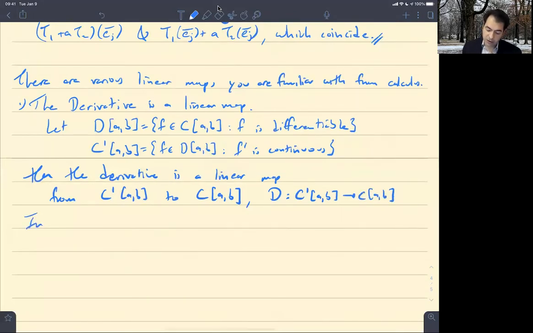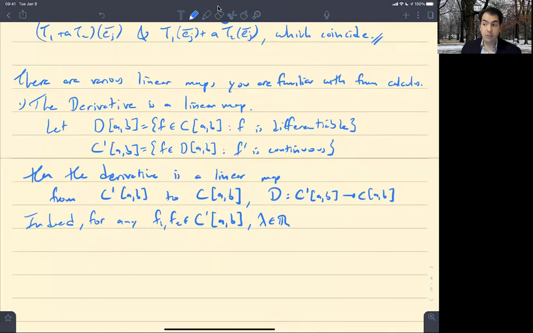So remember, to check that something's a linear map, we just need to check that it takes linear combinations to linear combinations. So here, for any F1, F2 in C1 of AB, and any scalar, let's say lambda in the real numbers, we have the derivative of F1 plus lambda F2. So I want to identify what function this is. Let's see, what does it do to a point X?